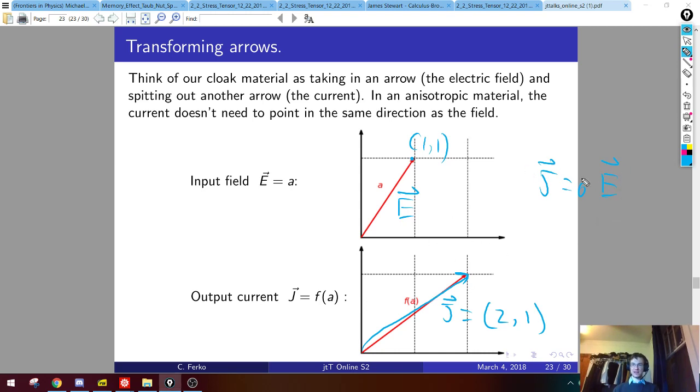This is now saying that the object sigma is not just changing the length of the arrow, it's also changing the direction of the arrow. That's something you could never get in an isotropic material, but you can get in an anisotropic material. You can change the direction because an anisotropic material treats some directions differently from other directions.